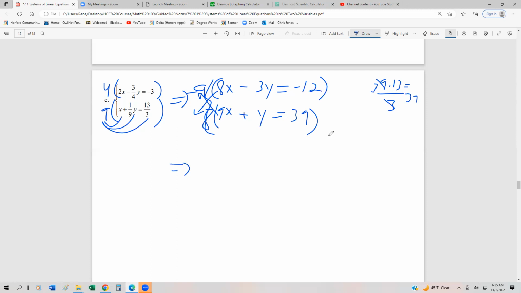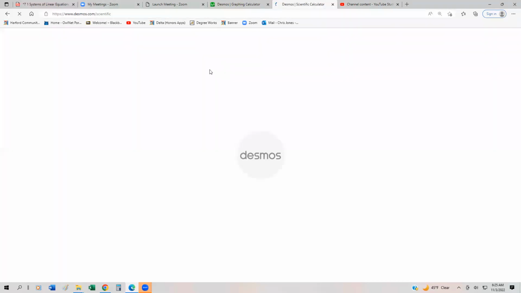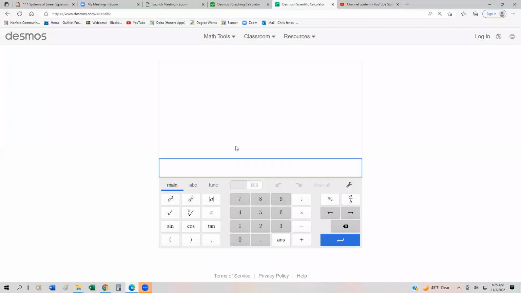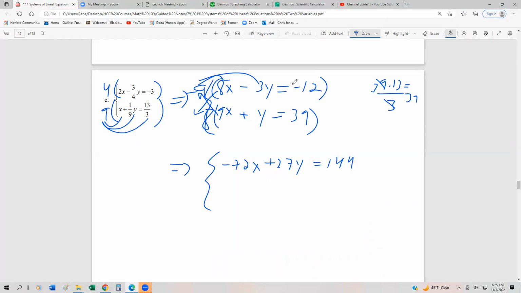And so our new system, -9 times 8 is going to be -72x. -9 times -3, 27y. And then -9 times 12, that should be positive 144, but I'm just going to check in my calculator. All right, so -9 times -12 should be, it's 108. Good thing I checked.